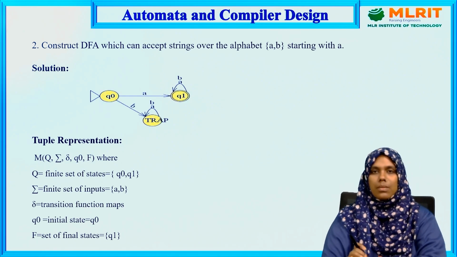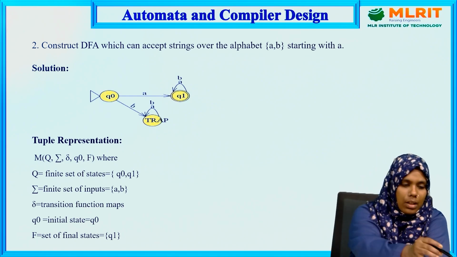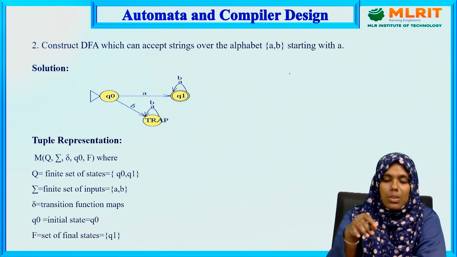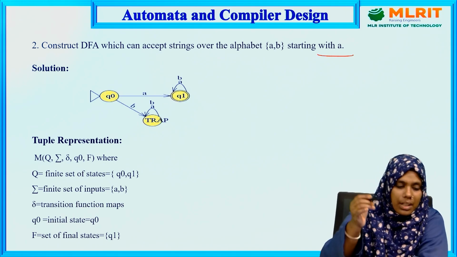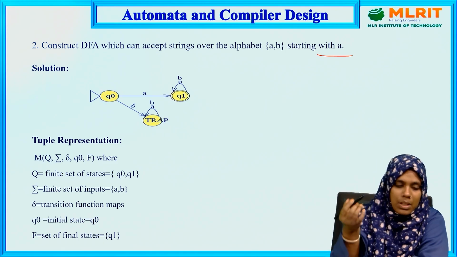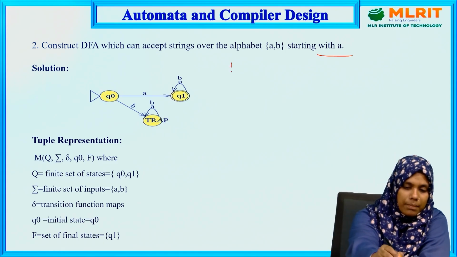Now we'll see one more example. Construct a DFA which accepts a string over the input alphabet A, B, a string starting with A. First we write the language.